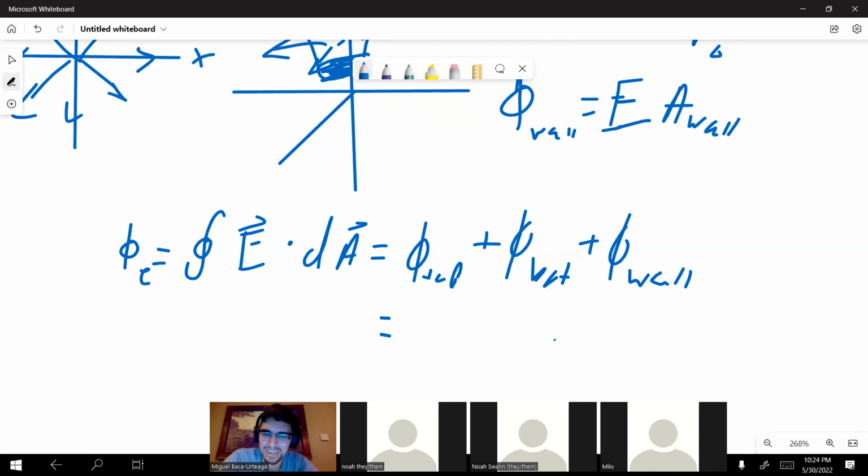Okay, yeah. So this one, just kind of what we said earlier, 0 plus 0 for the top and bottom, because those aren't going to have any flux. And then we're going to have the flux of the wall, which is E times A of the wall.